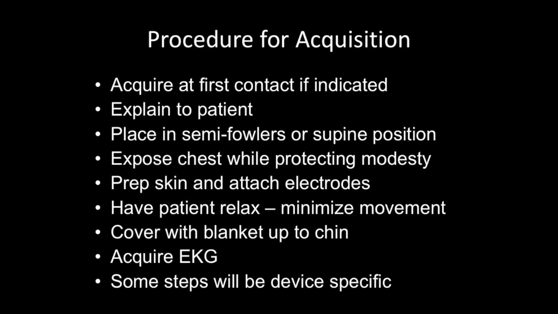It's not visual, but there's still shivering going on. If you cover them with a blanket up to here, you can reduce some of that, and your EKG will change. Not on all patients, it doesn't work all the time, but it does work, okay? You can put a blanket over the electrodes, not an issue. The more you cover them up, the less shiver and the fewer artifacts you have. You acquire the EKG, and then we'll talk about the specific steps.